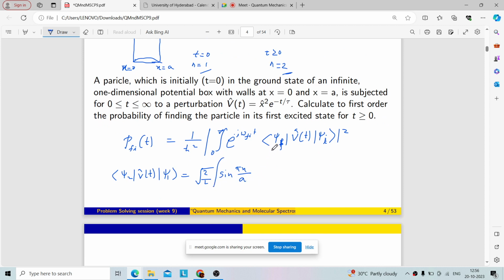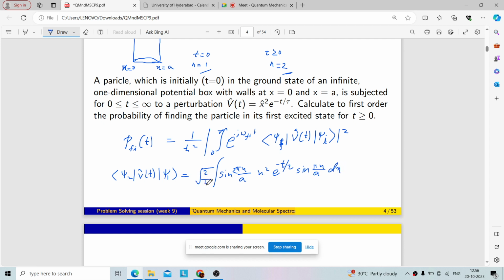Then V(x) is x squared e to the power minus t over tau. Then this is final, so it's sine 2 pi x over A, and this is sine pi x over A, dx.